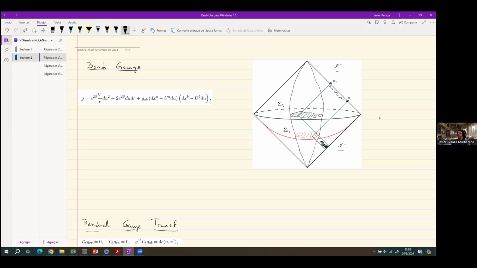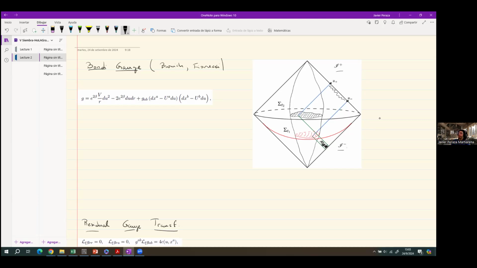One can see a really nice construction of Bondi gauge in the papers by Barnich, Troessaert, and also Fiorucci. His thesis is really nice because it gives a motivation for these coordinates and all the references therein. In the updated version of the notes, you can see more references there.